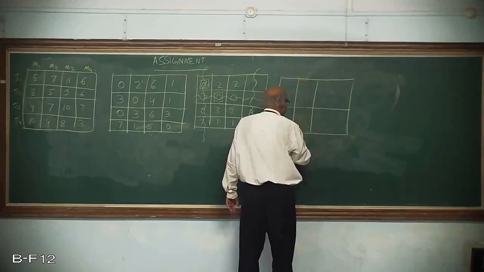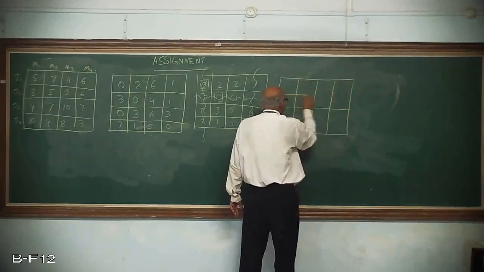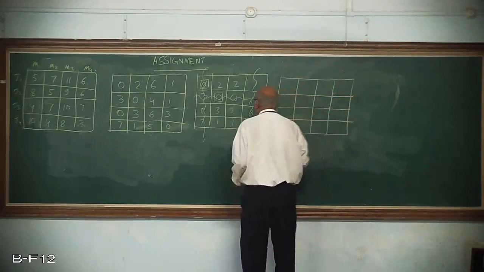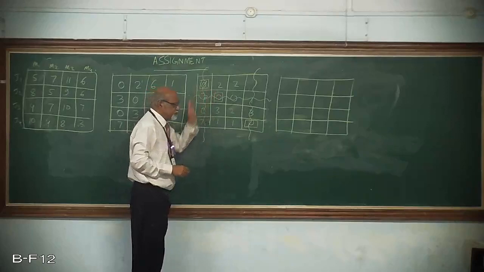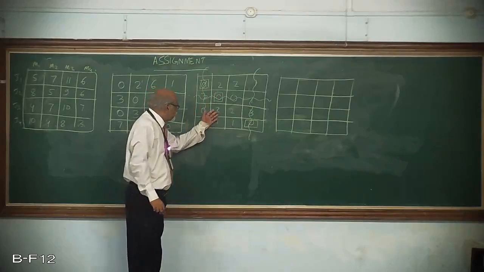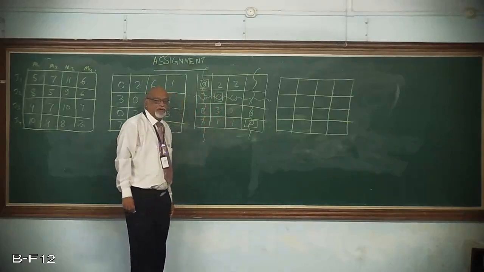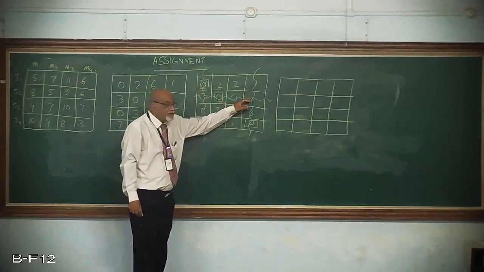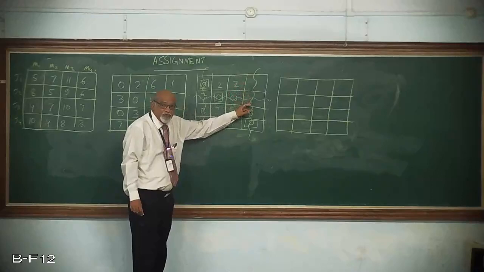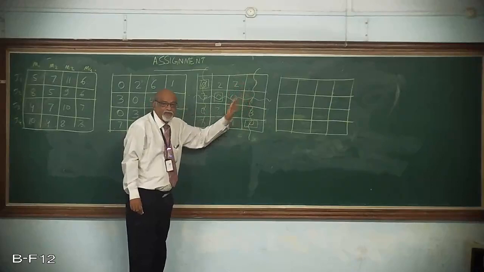The first thing is, you have seen some of the values have been covered with the lines and some have not been covered. And some of the values or costs are covered with 2 lines, one horizontal and one vertical.